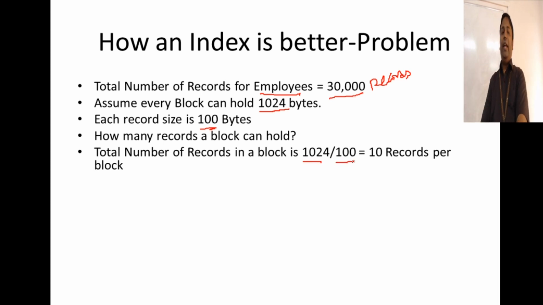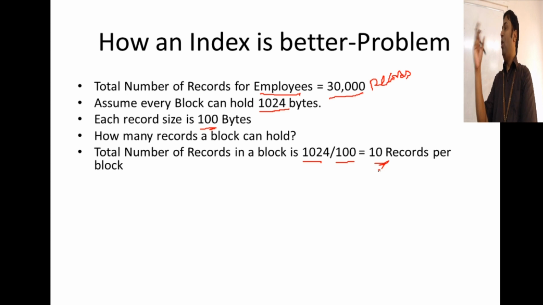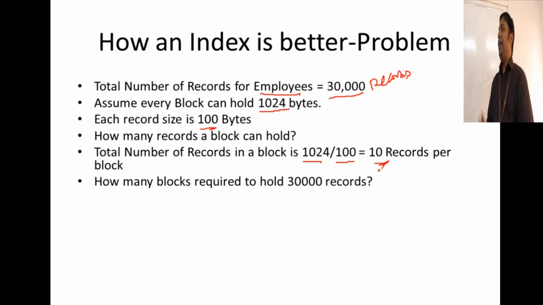So you can fit 10 records per block. Okay. So 10 records per block you can fit. Now the next question is, how many blocks are required to hold 30,000 records? 10 records in one block. How many blocks required to hold 30,000 records?